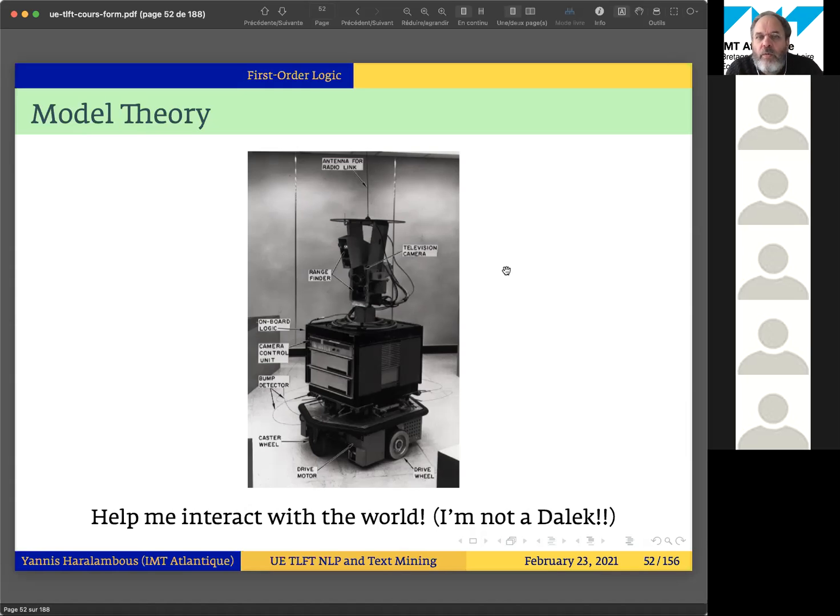To take these decisions, the robot needs a representation of its surroundings. A representation that is simple enough to allow taking decisions and complex enough to allow the robot to survive and to do whatever its mission is.